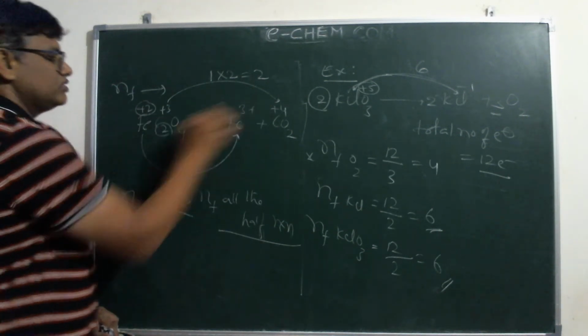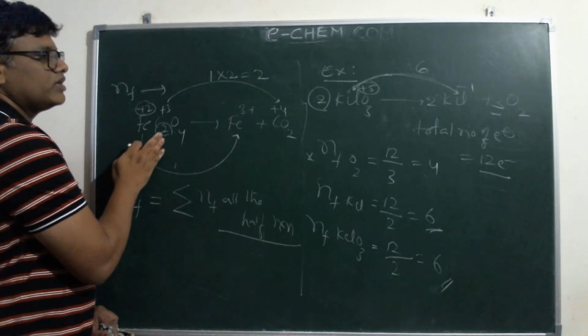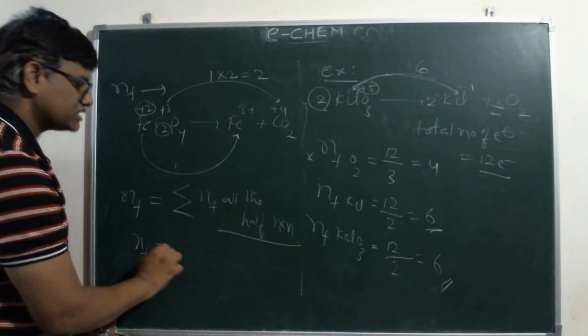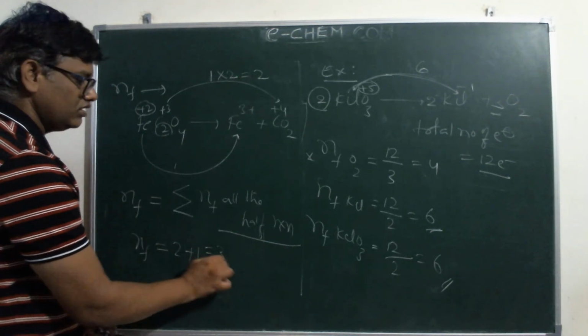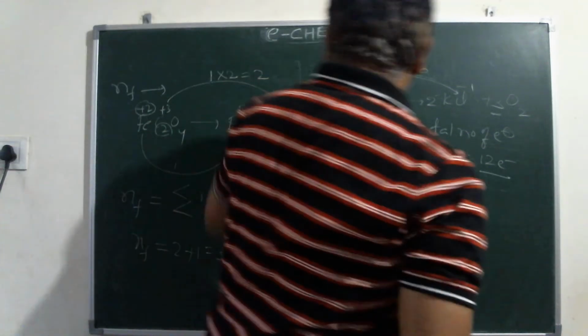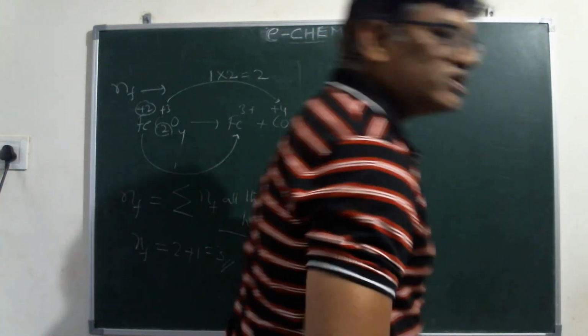So in the above reaction, iron and carbon are both undergoing oxidation. So the n factor for the above reaction is taken here as 2 plus 1, that is equal to 3. Right? So let's illustrate one more example.